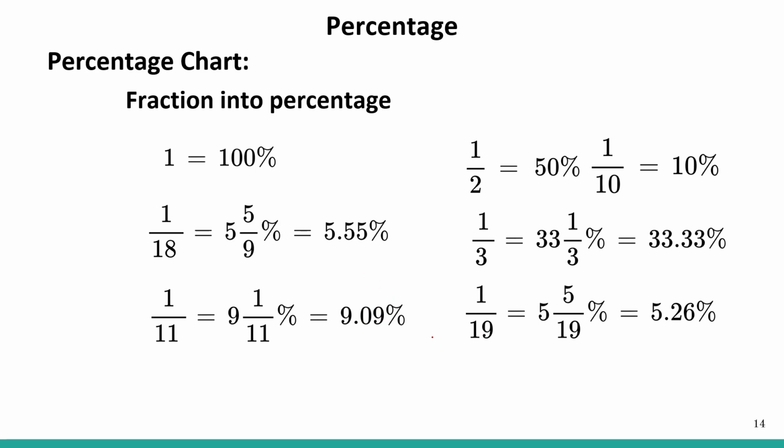So percentage chart. Let's see fraction into percentage. So 1 is equal to what? It is a whole. So it will be 100%. If 1 is a whole, then 100% will be 1.